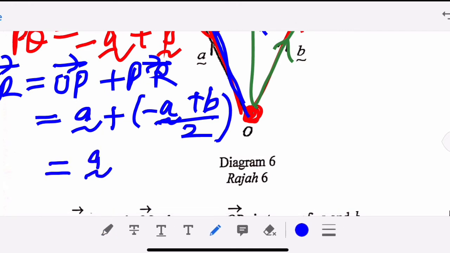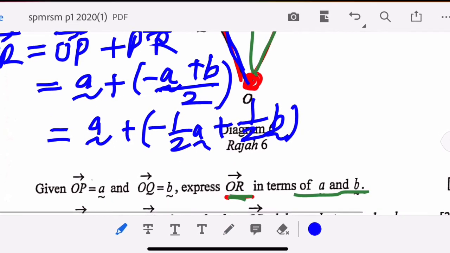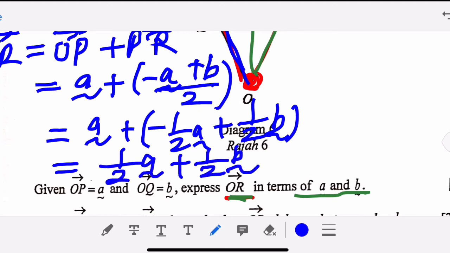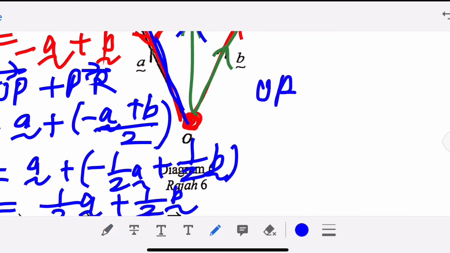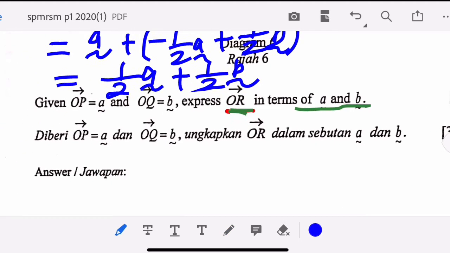So we have A plus negative half A plus half B. If we simplify to the simplest form, we will have 1 minus half is half A plus half B. Alright, so that means vector OR is actually 1 over 2A plus 1 over 2B. Alright, so we have completed this question.